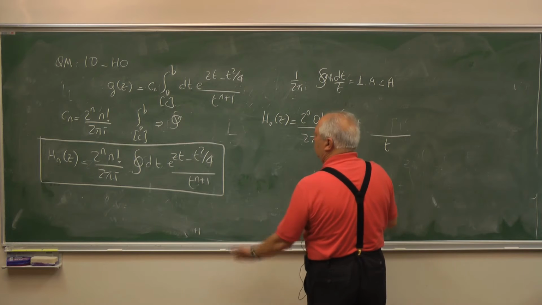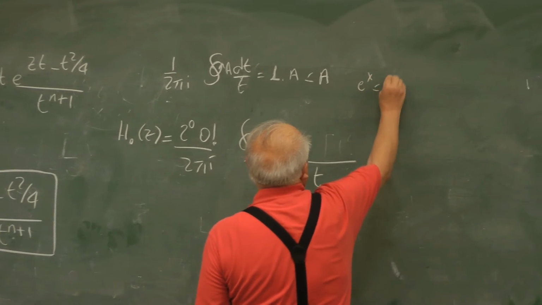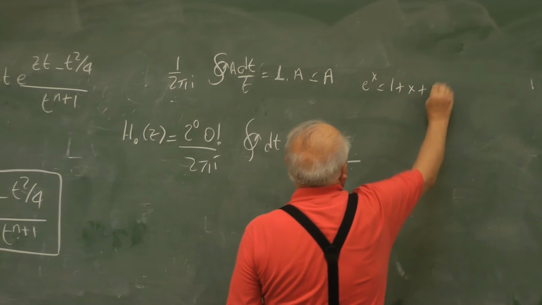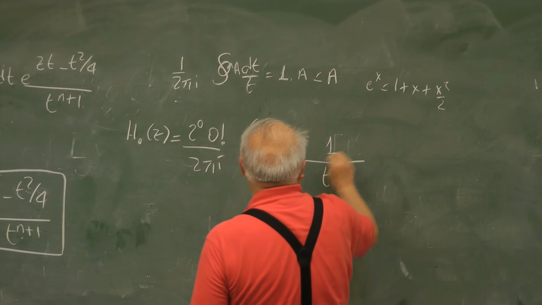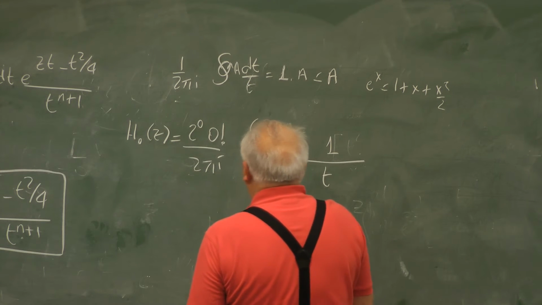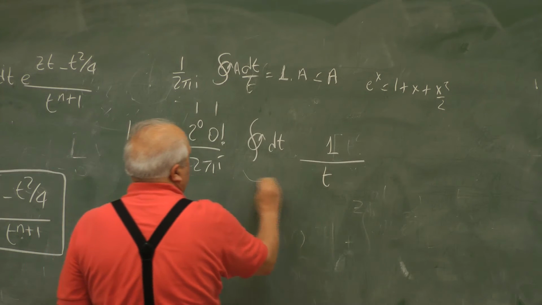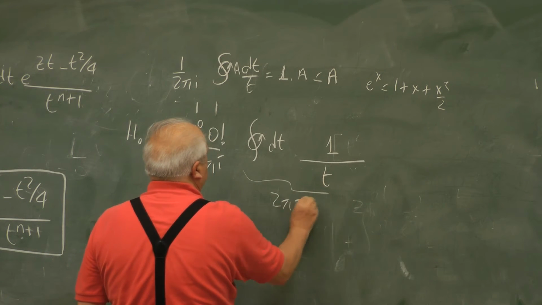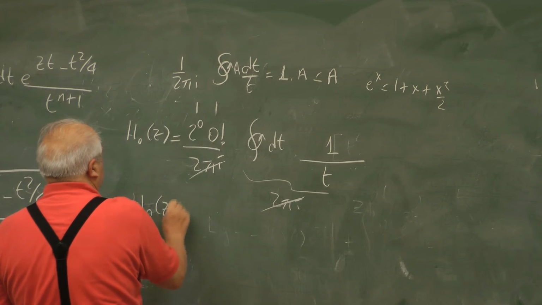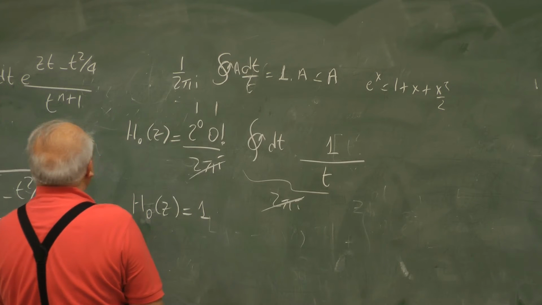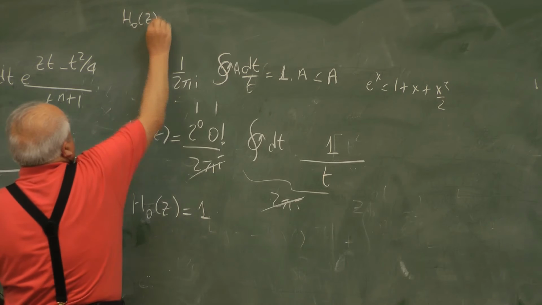The constant term of e to the zt minus t squared over 4 is 1. So this is 1, 0 factorial is 1. This integral gives me 2 pi i, which knocks it down. So h0(z) is equal to 1. So let's write it someplace. h0(z) equals 1.